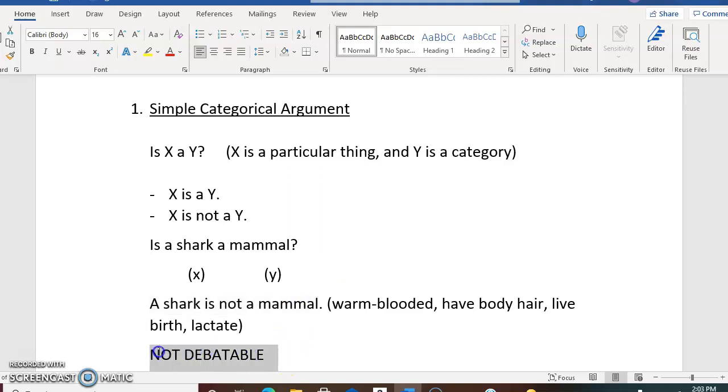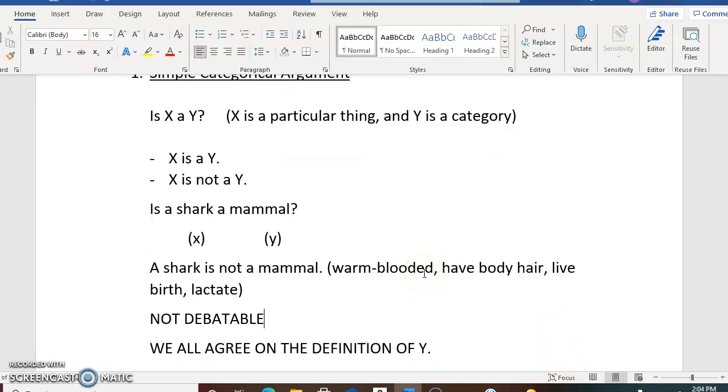And because the simple categorical argument is not debatable, we're really not interested in it for the purpose of our class, right? Because for our class, we're really only interested in debatable claims, arguing debatable claims.